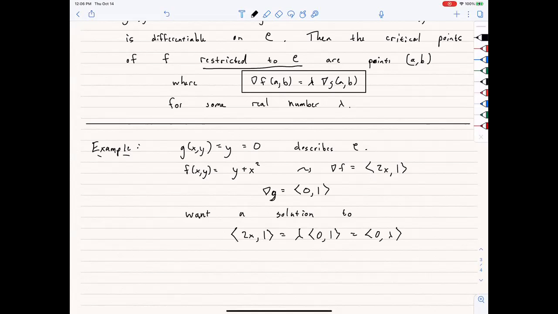Well, if I have a solution to this, then I know two things. I'll need that lambda is 1 and x is 0.